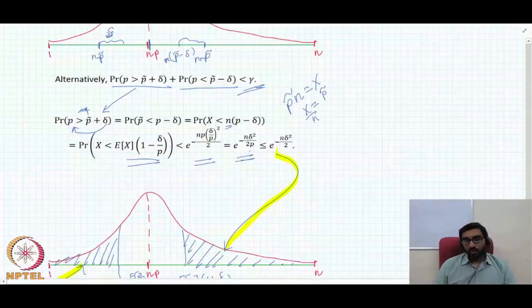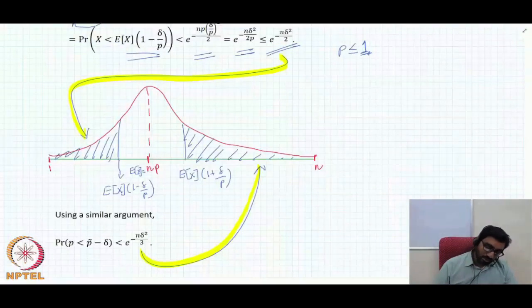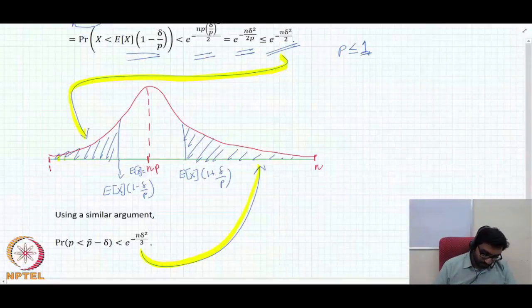This p is a bit ugly, but that's easy to get rid of because it's a probability, and since p is always going to be upper bounded by 1, this becomes an inequality. So we're finally left with this quantity, and that, as it turns out, is the probability that the estimate p tilde will lie in this region.